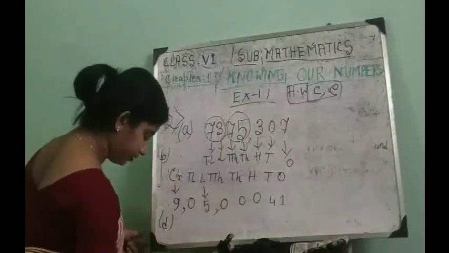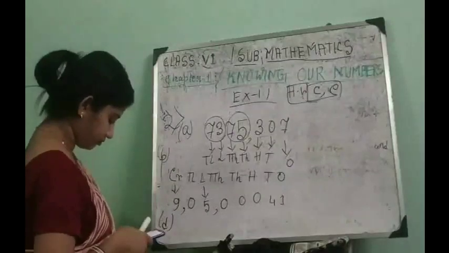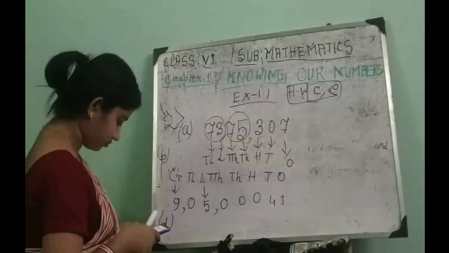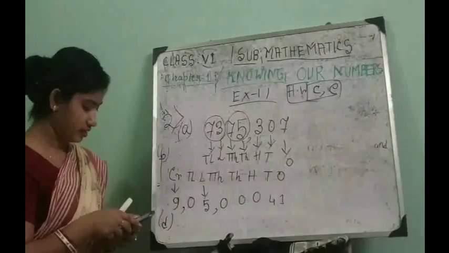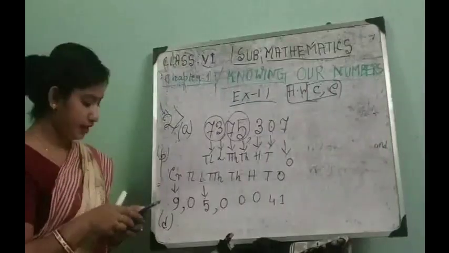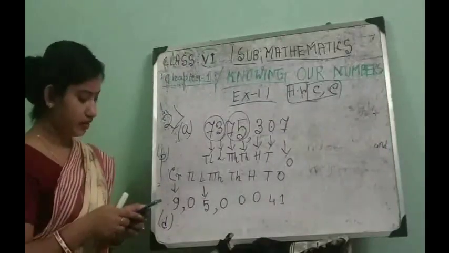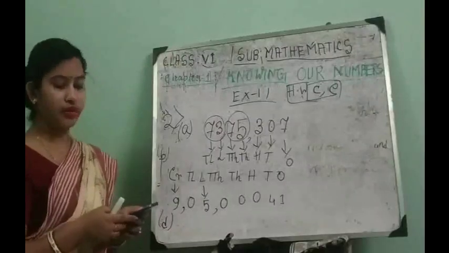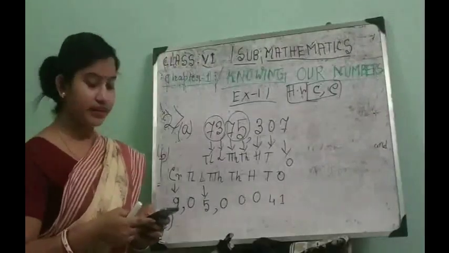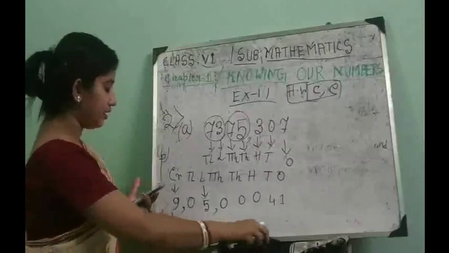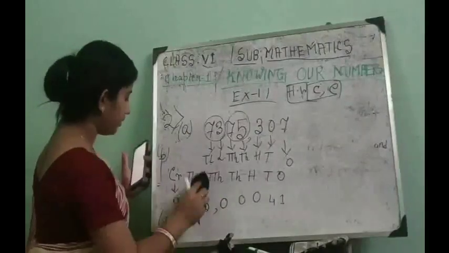Next, number D. Number D is 58,423,202. They are given in million. So in the international system we write this.